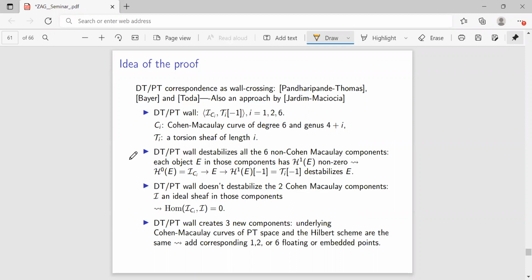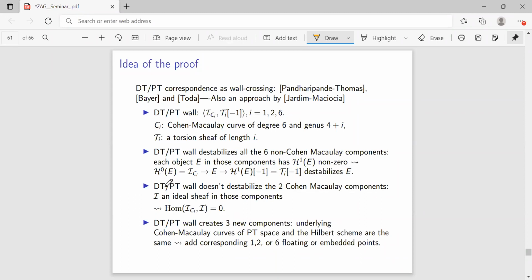And basically, we have this fact that the DT/PT wall destabilizes all the components on the stable pair side that parameterize non-Cohen-Macaulay curves. Because for those objects, the H naught is non-zero, so it would get destabilized like this, and we already described the wall.